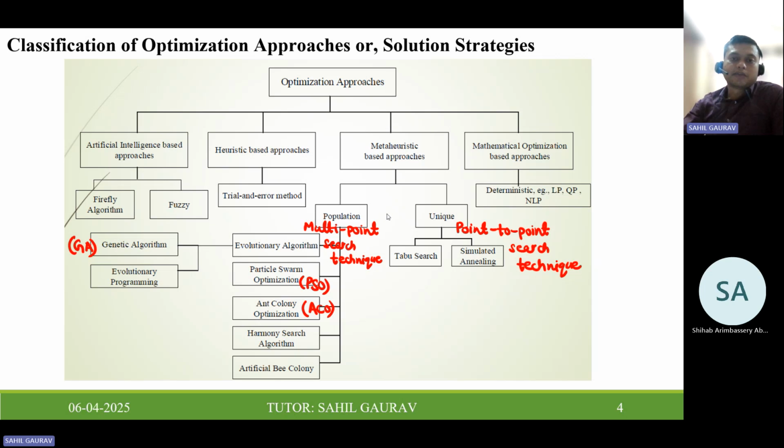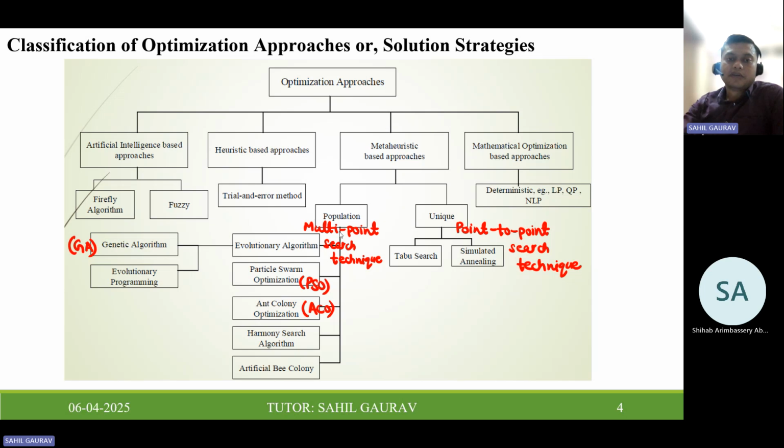In metaheuristic based approaches, we have 2 types: population based metaheuristic solution strategy and unique based metaheuristic solution strategy. The population based approach is called a multi-point search technique, while the unique based approach is a point to point search technique.